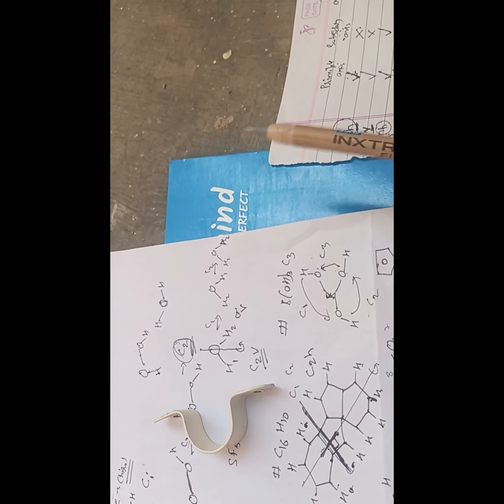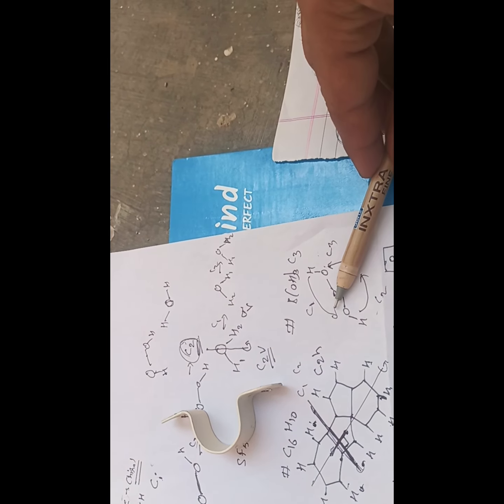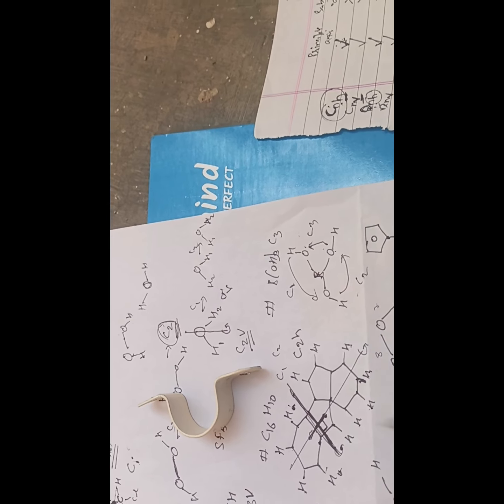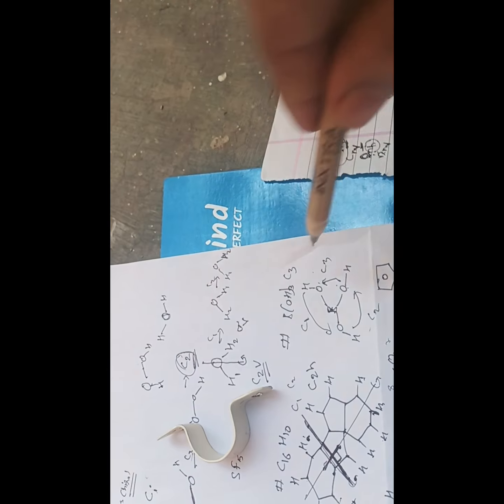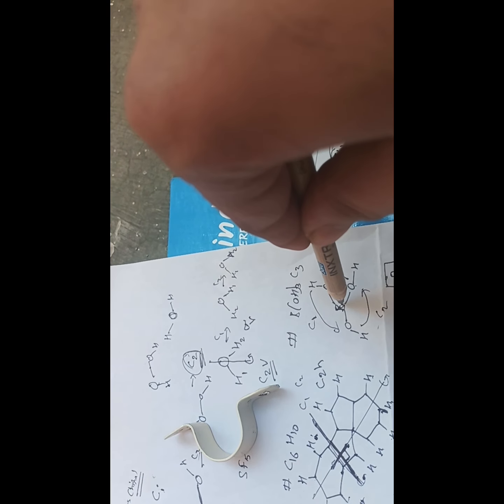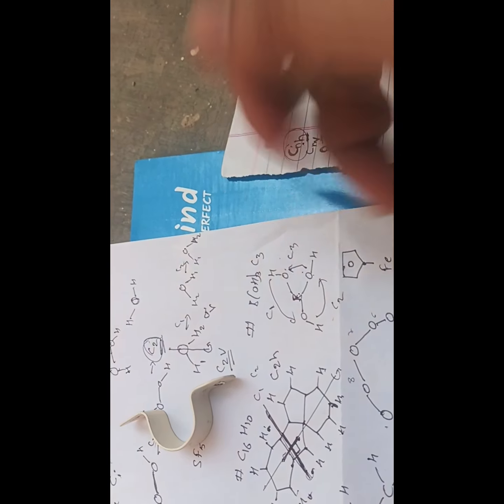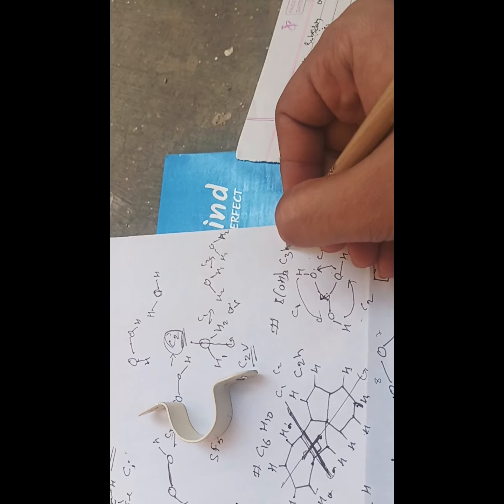When we pass like this, the horizontal plane will be present like this only. Same like this here. So this is the C3H. Okay, like this only. It is very simple.